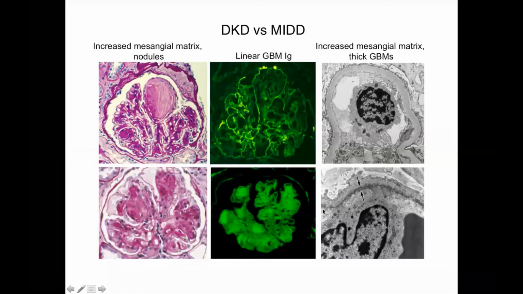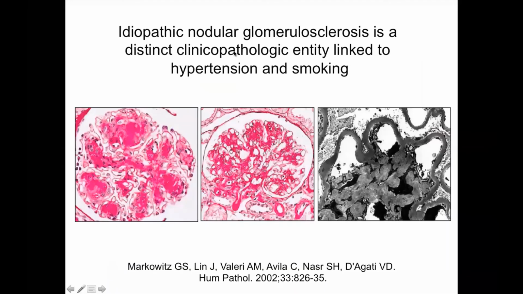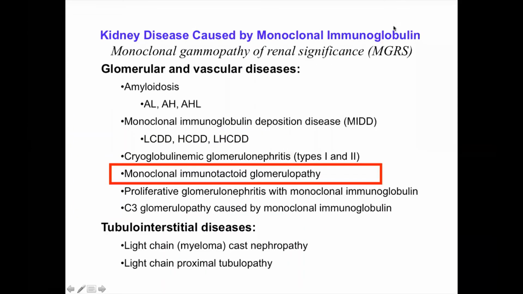But in monoclonal disease we see these very fine electron dense granules on the inner aspect, on the subendothelial surface of the glomerular basement membrane. Right, and we talked about idiopathic nodular glomerulosclerosis, which is linked to hypertension and smoking. All right, let's see the questions and then continue.